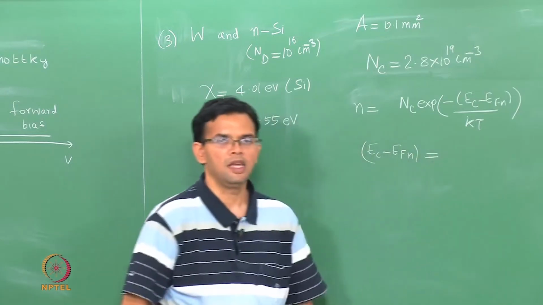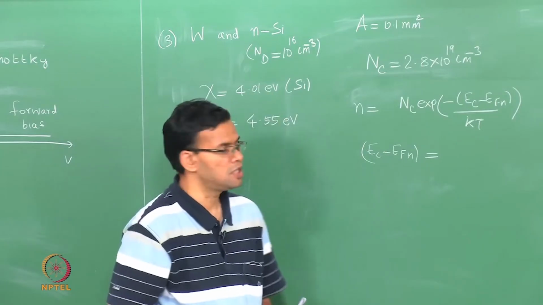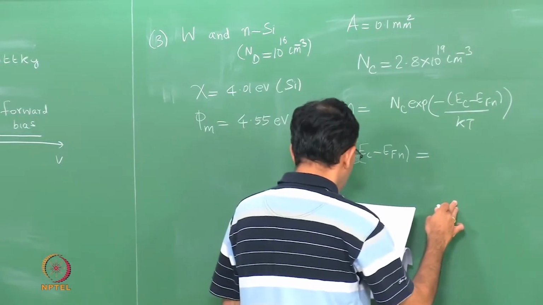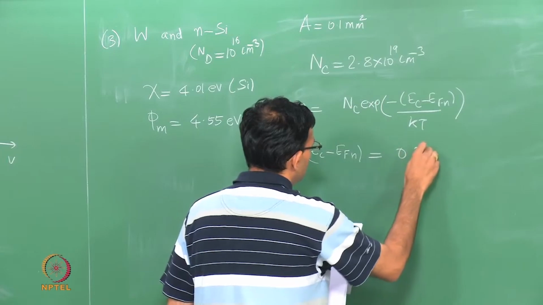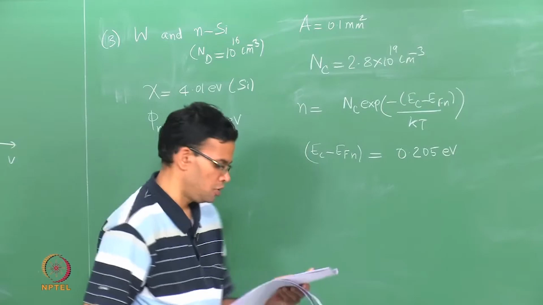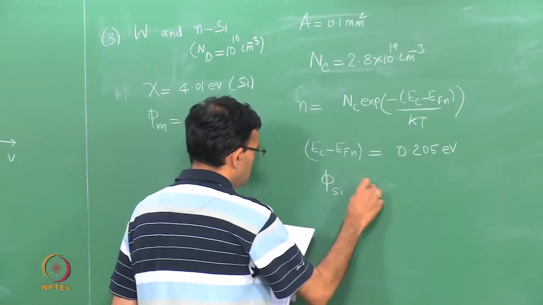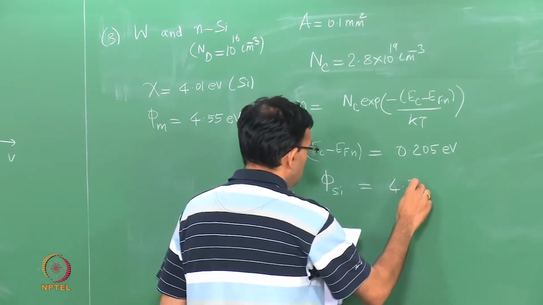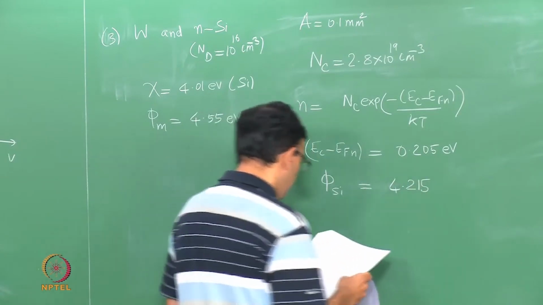N is nothing but Nd, which is your concentration of donors. Nc is given, everything else is known. So, Ec minus Efn is essentially 0.205 electron volts. From this you can calculate the work function of silicon to be 4.215 electron volts.